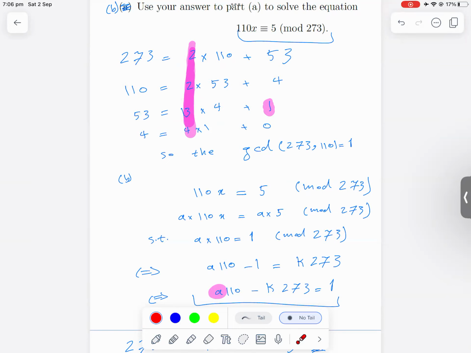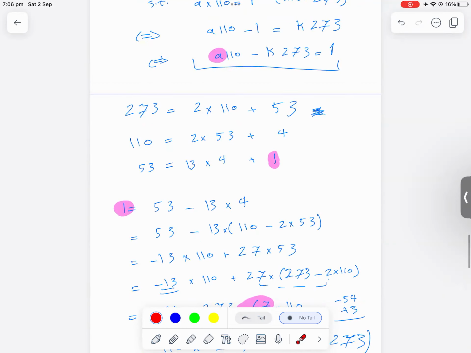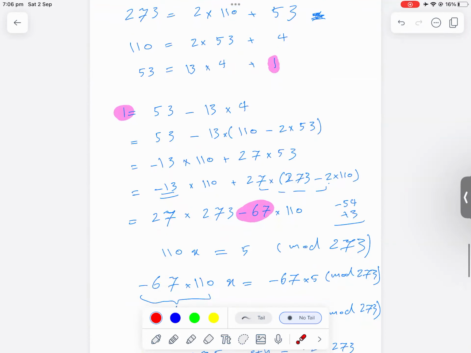Actually, you can stop your algorithm when you get remainder 1, because obviously the other one will be 0. In order to get this 1, I used this equation, then this equation, then this equation.